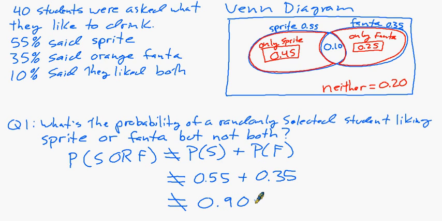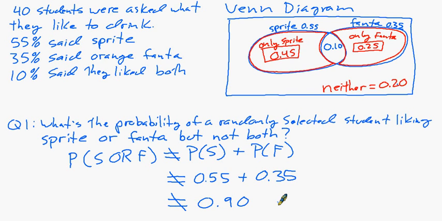Well, how could 90% like either Sprite or Fanta when we know 20% like neither, which means really the union of these two is 80%? This is higher than the total that like both. So this can't be right, and in fact it's not.